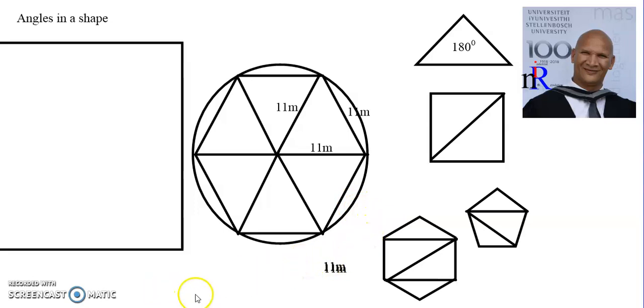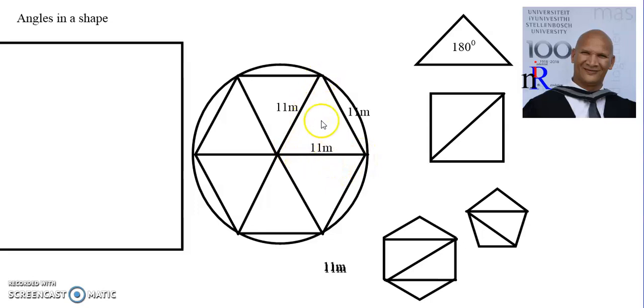Now the question was asked to calculate the area of this little section over here. Firstly, what I can do is calculate the area of this triangle. And we know that the area of a triangle is equal to half base multiplied with the perpendicular height.